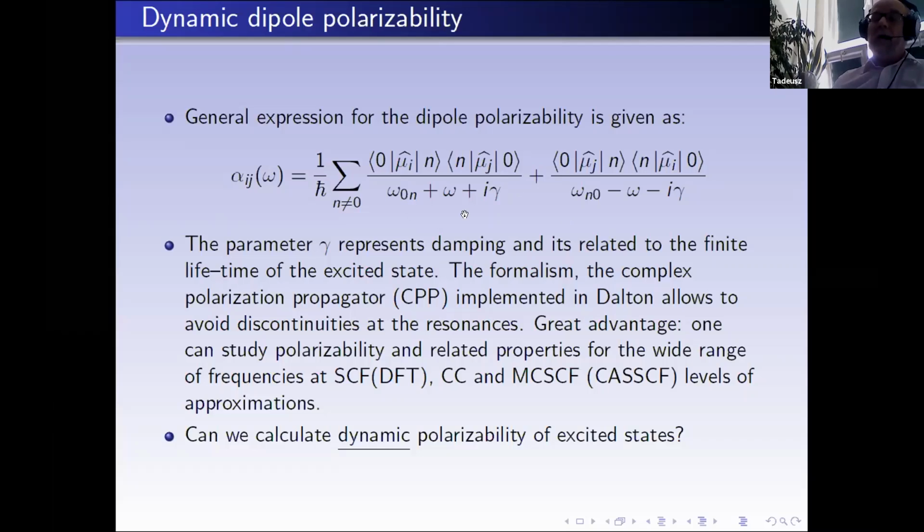First of all, we avoid divergences and resonances. And secondly, from the very beginning, our dynamic polarizability is separated into two parts, imaginary part and real part. The imaginary part is responsible for absorption, the real part is responsible for dispersion properties.